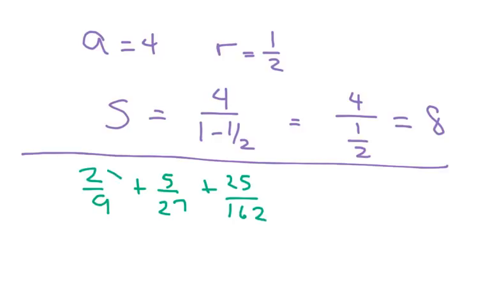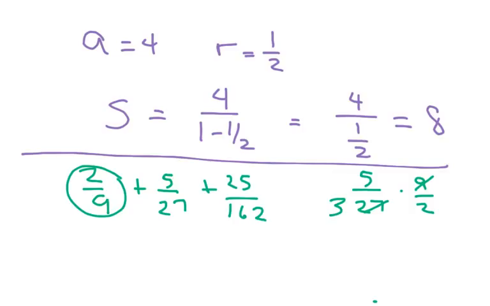To find my common ratio, I take this term divided by the previous term, which is really times 9 over 2, and 9 goes into that 3 times.